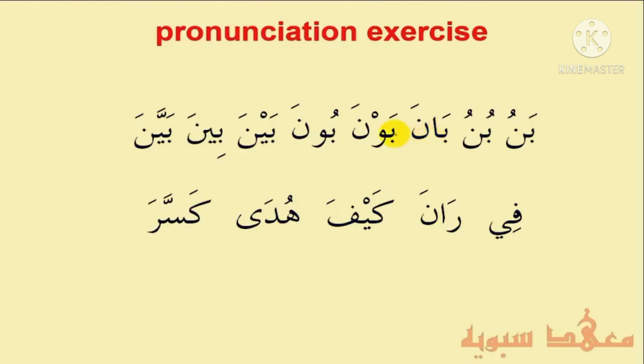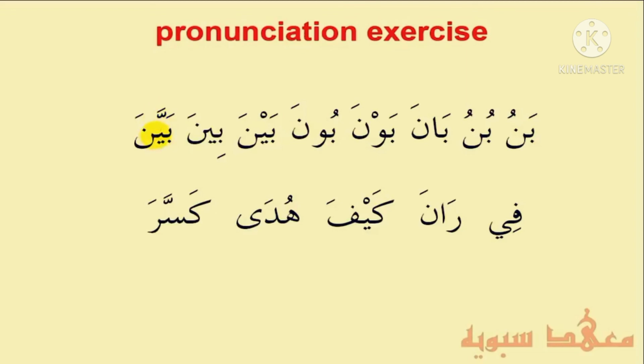Next one, there's sukun there on the vowel, so it's bawna, bawna. Next one is a long vowel as well, it's the u sound, so it's boona, boona. The next is bayna. Then we have beena. This is a long vowel, beena. And finally, it's bayyana. So there's a shadda there.